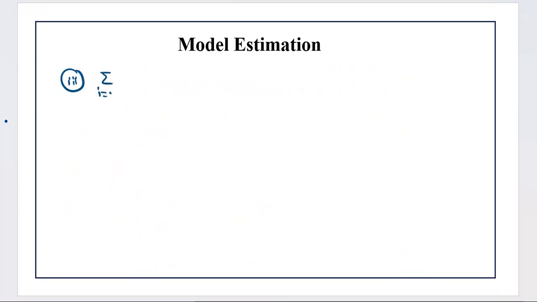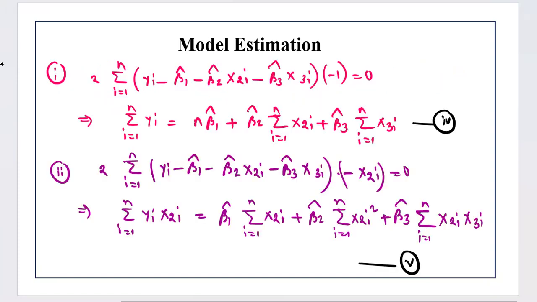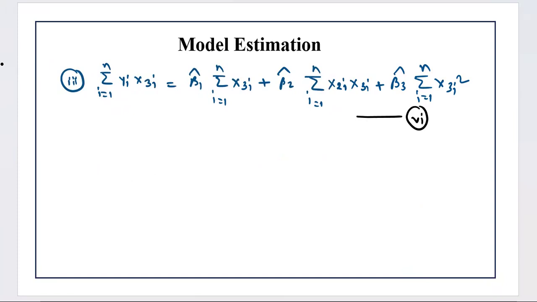Summation yi x3i equals beta 1 cap summation x3i plus beta 2 cap summation x2i x3i plus beta 3 cap summation i from 1 to n x3i square. And this will be equation number 6, since we had 5 there.